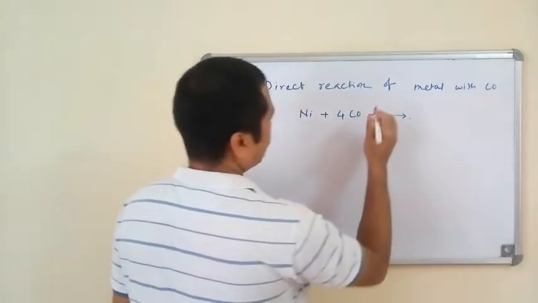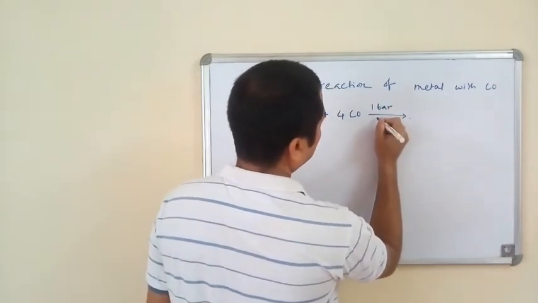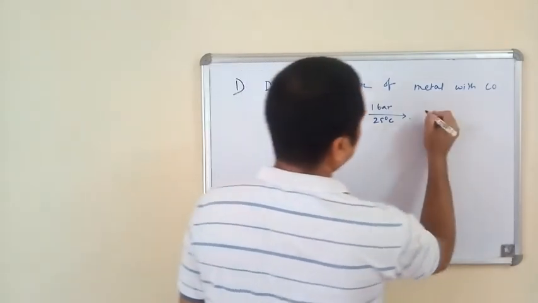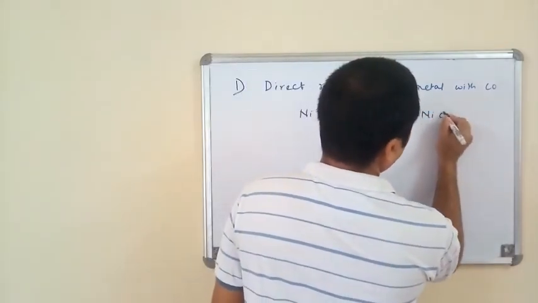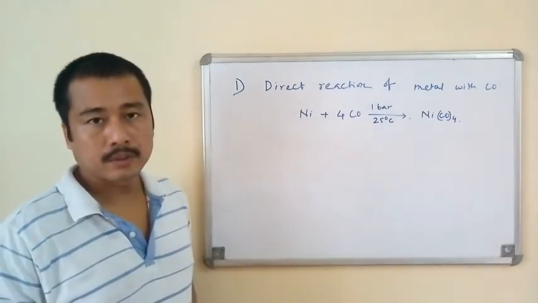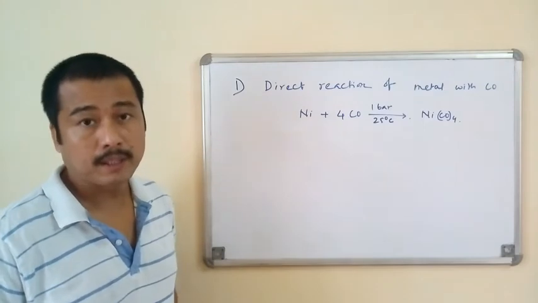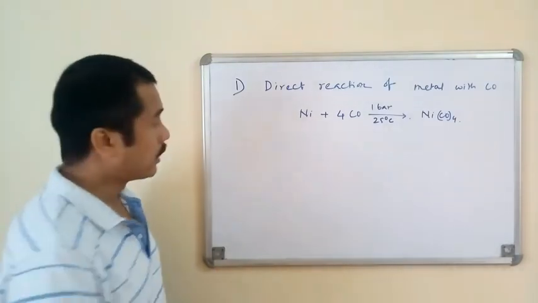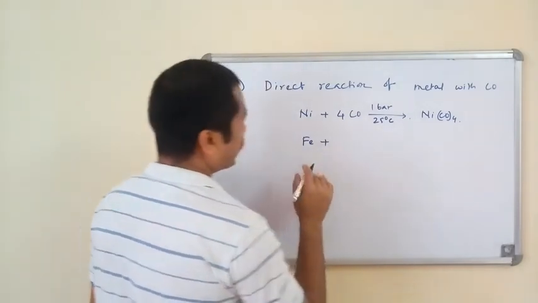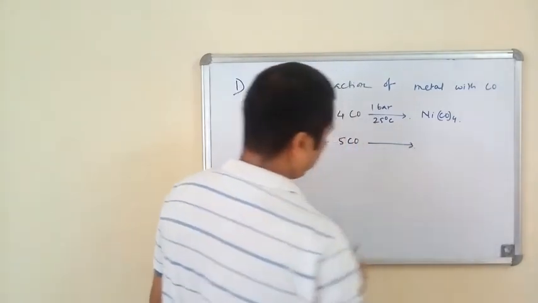The first one is nickel, which reacts with carbon monoxide under 1 bar pressure and at room temperature, that is 25 degrees Celsius, to give us nickel tetracarbonyl. Now, another important metal carbonyl complex, iron pentacarbonyl, can also be prepared by this method, where you take finely divided iron powder and react it with carbon monoxide.